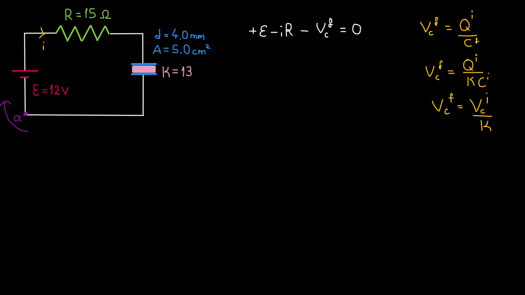And Q initial divided by C initial, well, that is the original initial voltage of the capacitor, which is the value it had before we inserted the dielectric, which is basically equal to the EMF. So really the value of the capacitor's voltage right after we have inserted the dielectric is equal to the EMF voltage divided by the dielectric constant K.